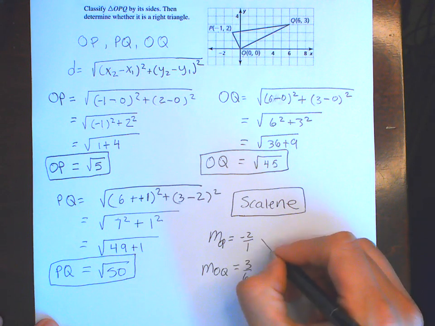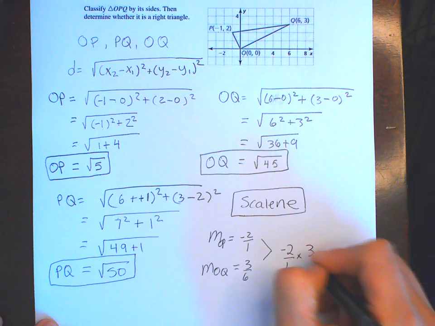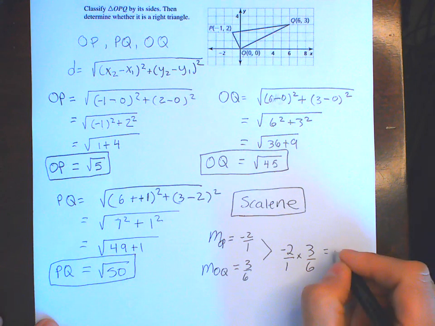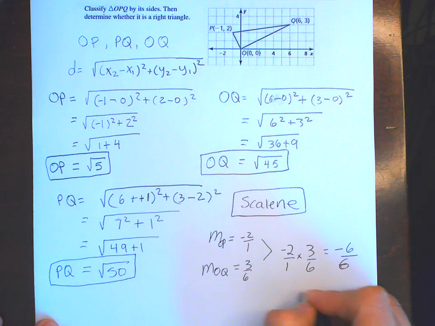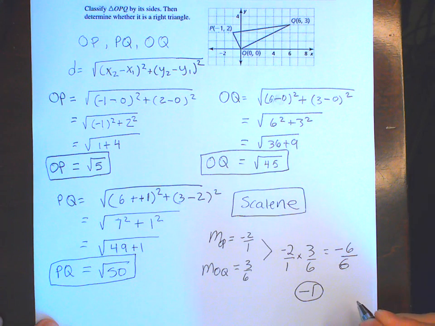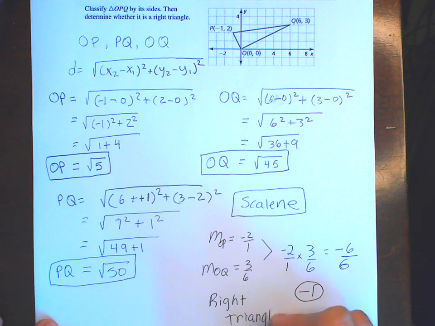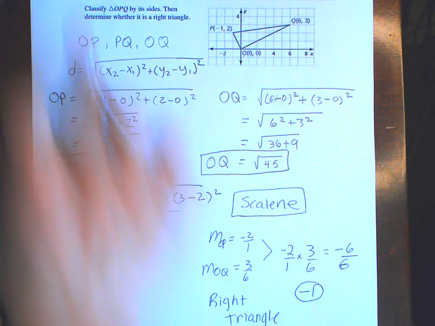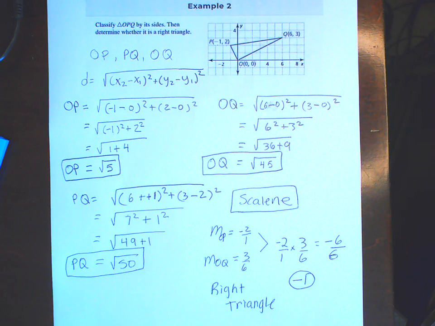So if I were to multiply those two, I'm going to get -6/6, which indeed is going to give me a -1, which means that the sides are perpendicular. Now, what does that mean? That means that this is going to be a right triangle as well. If this is not -1, then it is not a right triangle. And that is example number 1.